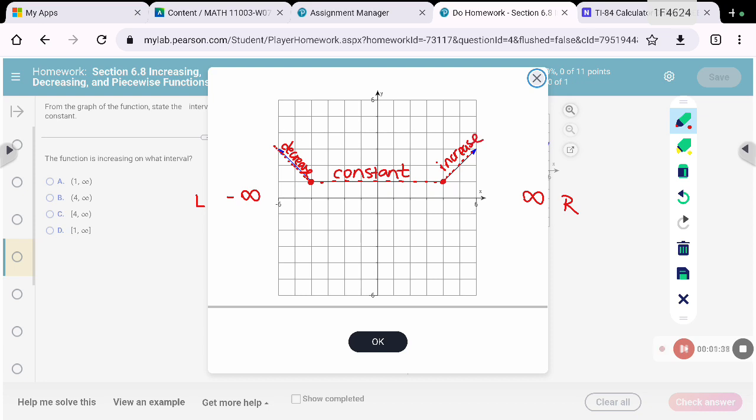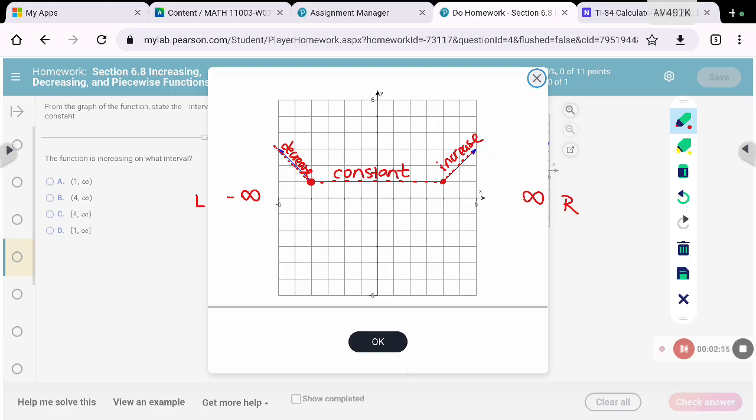So on these problems, I like to first of all go through and enter exactly what is happening on each piece. Then I go to everywhere that changes direction. So these points where it came in and decreased until I got to this particular point, I like to say what its x coordinate is, because the intervals on increasing, decreasing, and constant are always going to use the x coordinate, because you're reading it like a book from the left side to the right side.